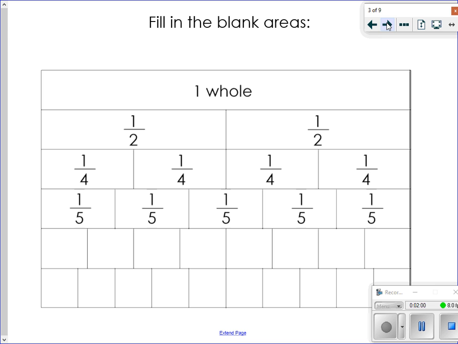So we have some more fraction bars. You can see how big one whole is. It goes from here all the way to here.